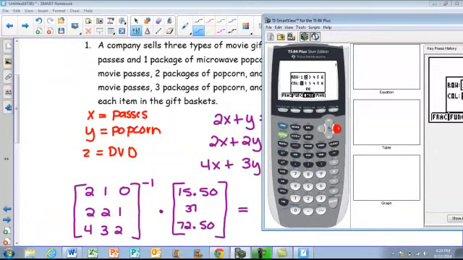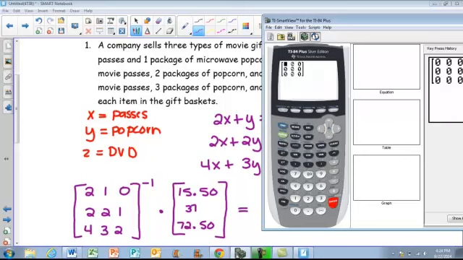And I have a 3 by 3. Again, enter my information in, so I have a 2, 1, 0, 1, 2, 4 here.